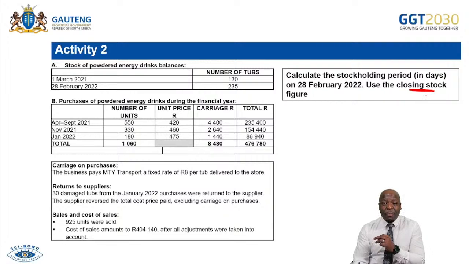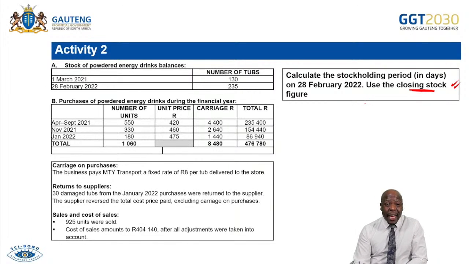That is the instruction of the examiner, not to use the average. You need to be very careful as you do these calculations. Are you required to do the average, or to use the closing stock figure? In this case, we're required to use the closing stock figure.